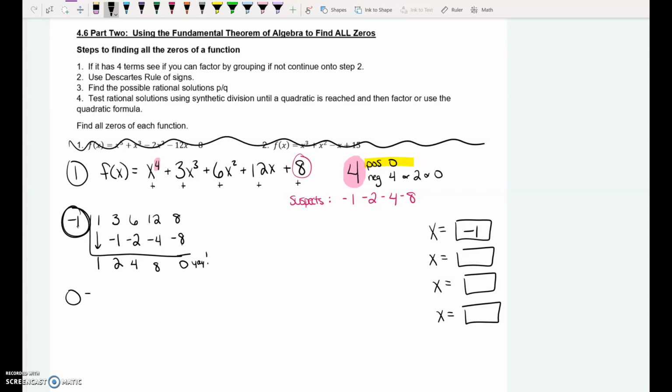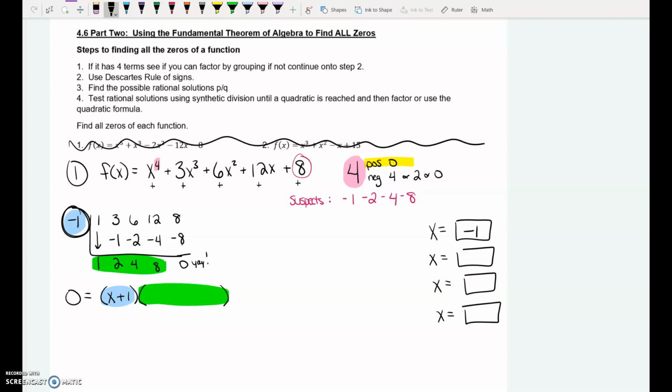This means we've got 0 equals x plus 1. The x plus 1 comes from this solution. If that's a solution, we've got x plus 1 in the factored form. The stuff underneath the synthetic division in front of the 0 is going to give you the next part of your factored form.